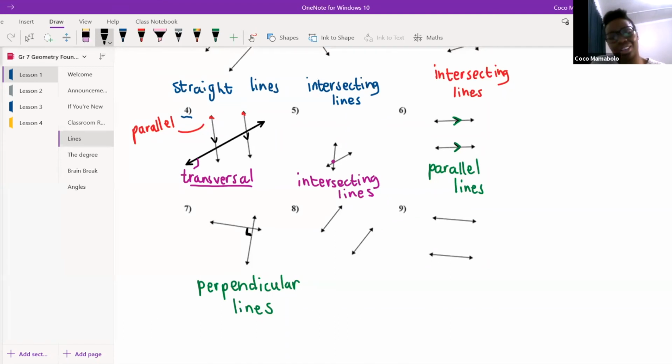Remember, the square tells us that it's a right angle. Okay, because if there wasn't that square over there, we wouldn't know that it was a right angle, right? Yes. So we need to make sure that we put a little square that tells us that it's a right angle. Okay. Very well done.